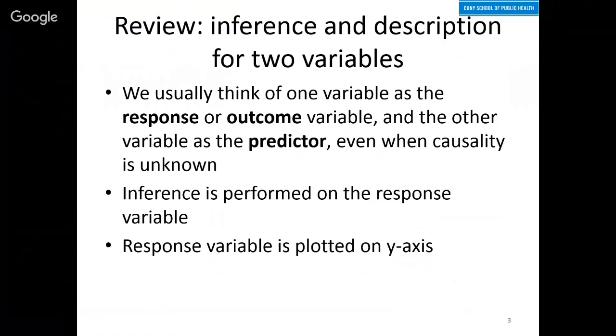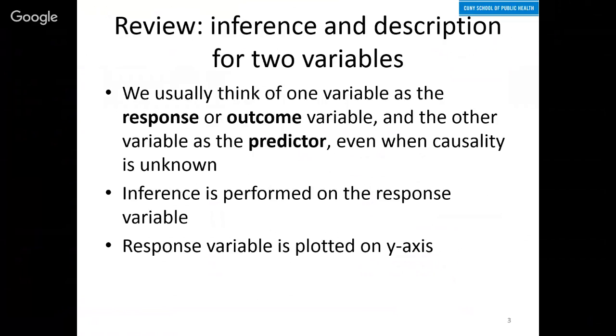Okay, so we've done a number of procedures for inference on 2 variables, although so far none of them have been for 2 continuous variables. But in the cases of 1 continuous variable, such as analysis of variance, we have thought of the 2 variables. One of them is the response or outcome variable, and the other one is the independent or the predictor variable.